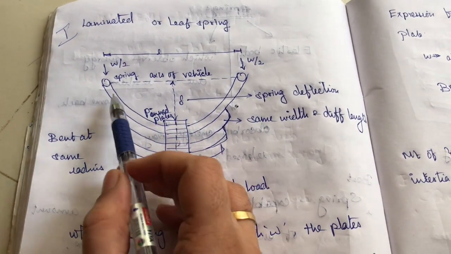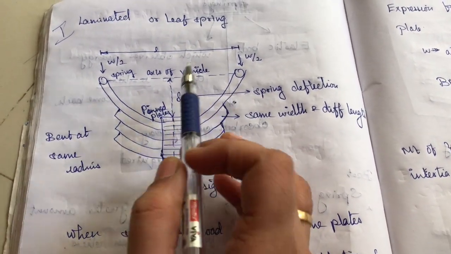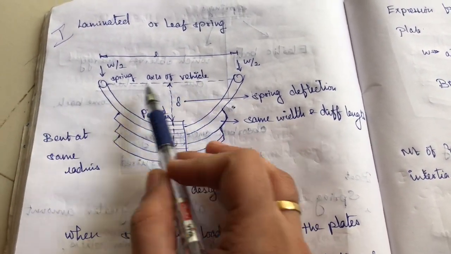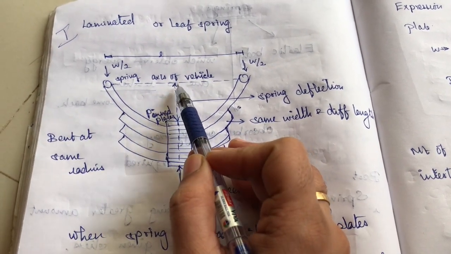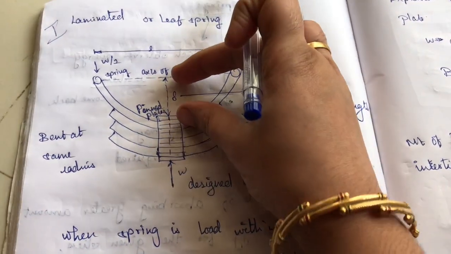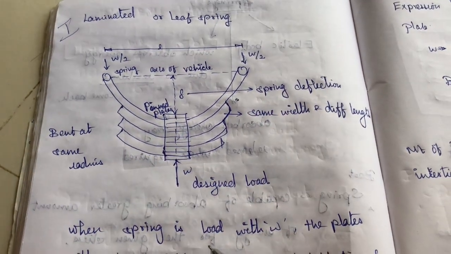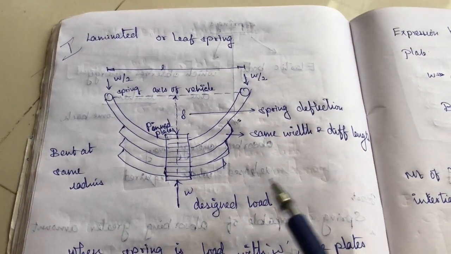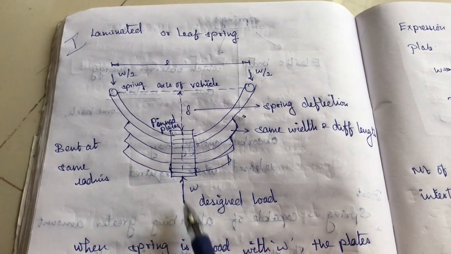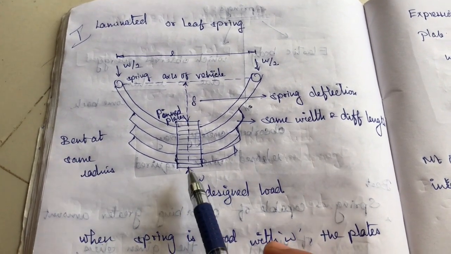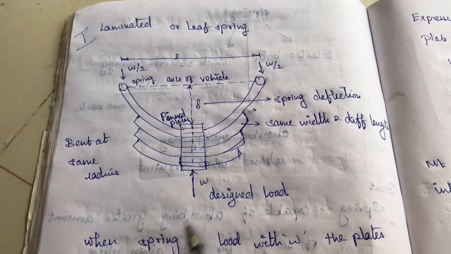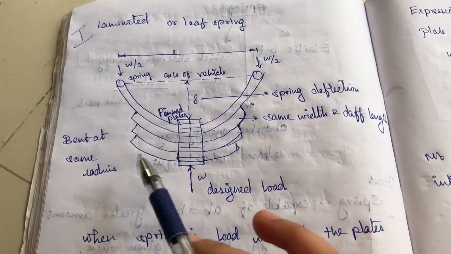Here is the spring and it is also the axis of the vehicle. If this spring has deflection like this, the spring will have the deflection like this. Another thing is we are applying W, a designed load, at the bottom, at the center of the last plate.